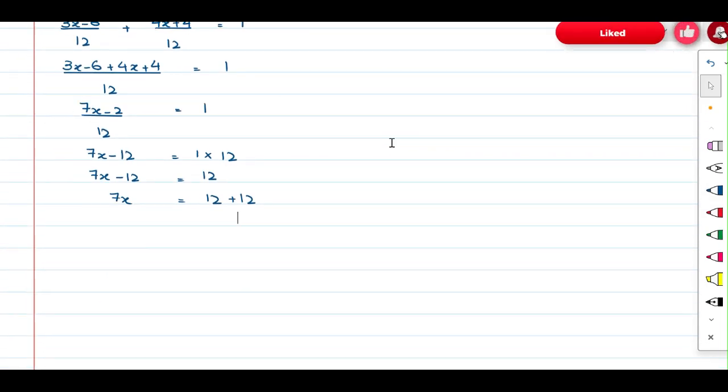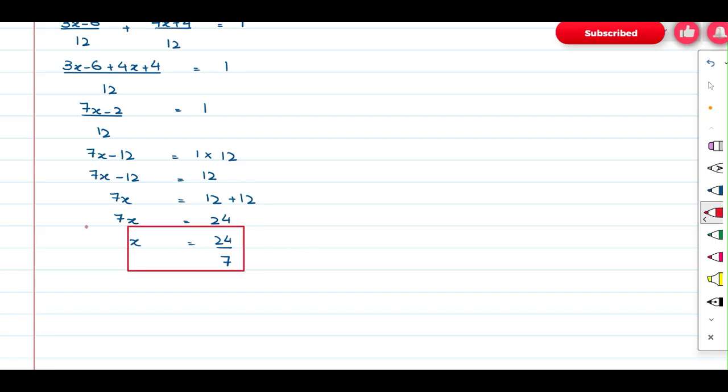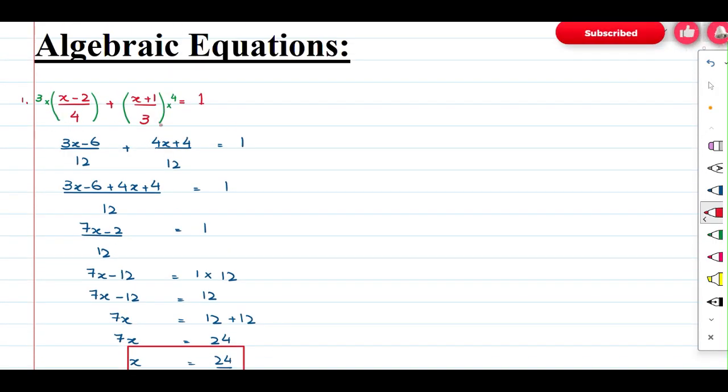Okay, now let me solve that equation. 7x equals 12 plus 12, which gives you 24, and x equals 24 divided by 7. So this is the solution of the algebraic equation. You just need to solve for x. You can see this is your algebraic equation and you got the solution, right?